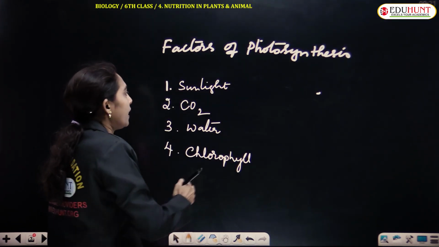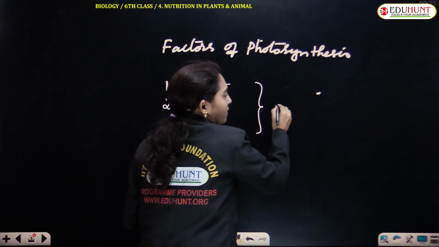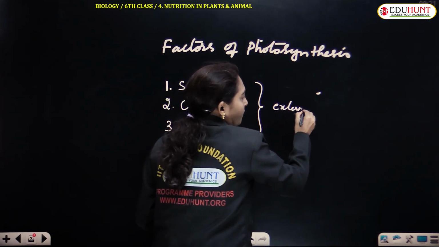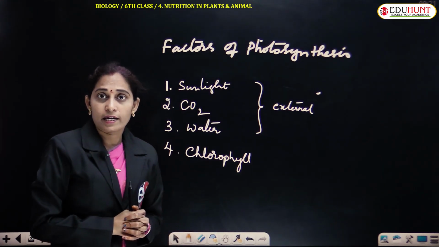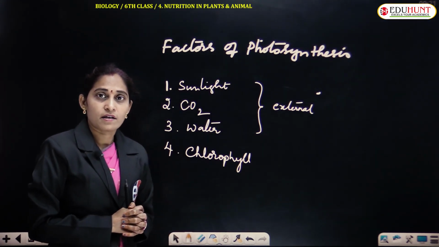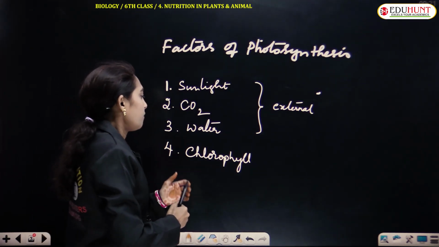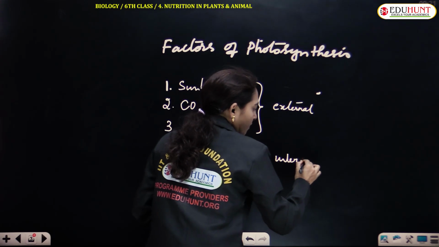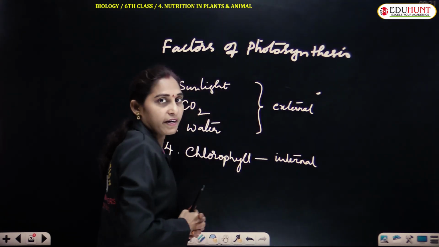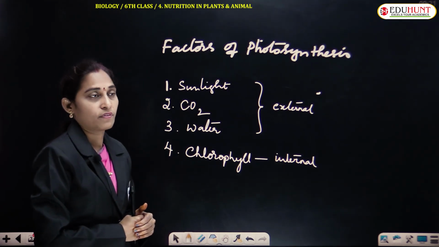chlorophyll. And the first three factors are called external factors because plants are getting these factors from the external environment, whereas chlorophyll is an internal factor because it is present in the plant itself.